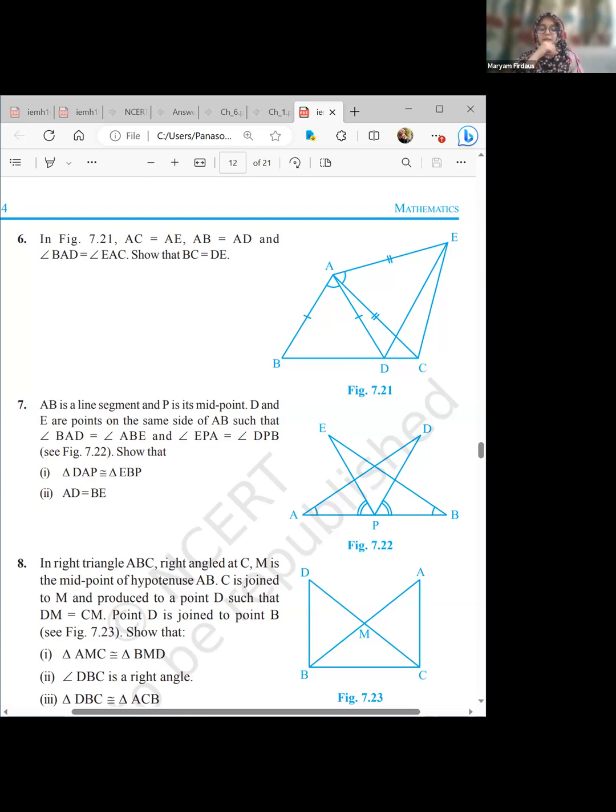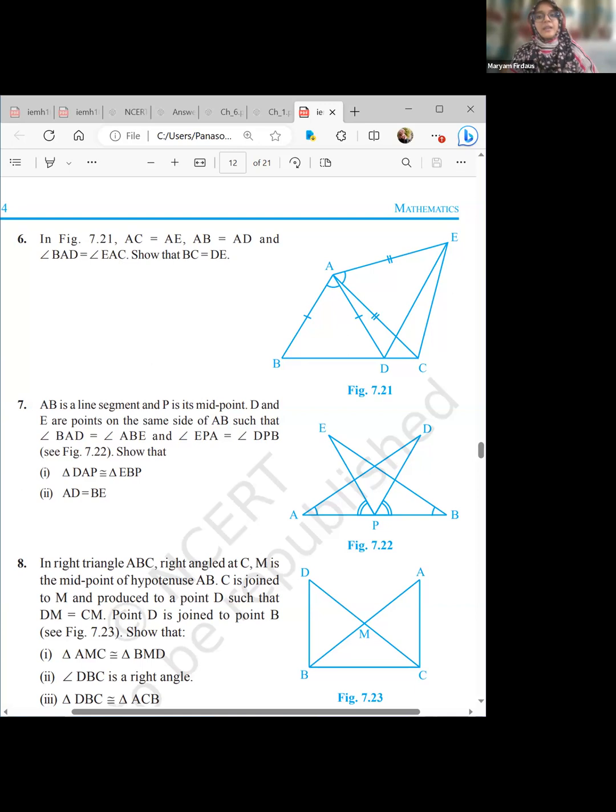You are getting somewhere, I know. EPA. Very good. Angle EPA is equal to angle DPB. Okay. So we have angle EPA is equal to angle DPB.